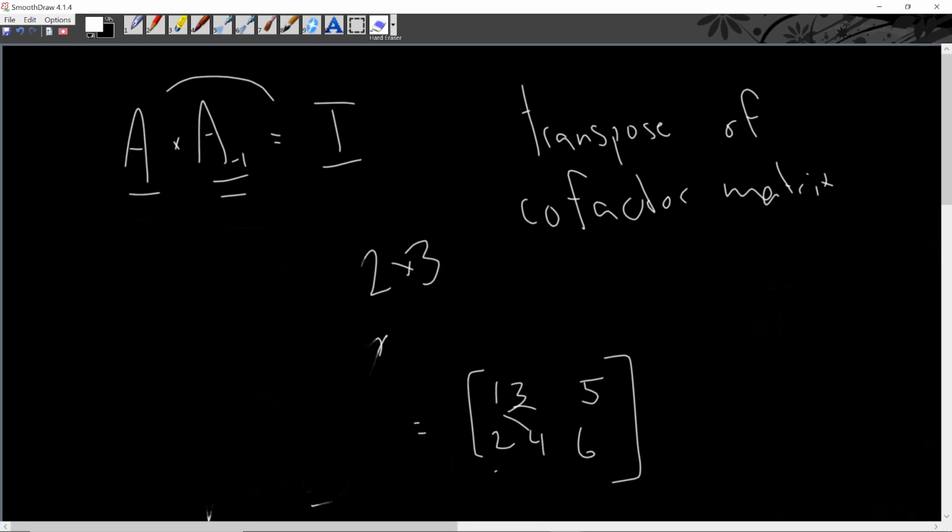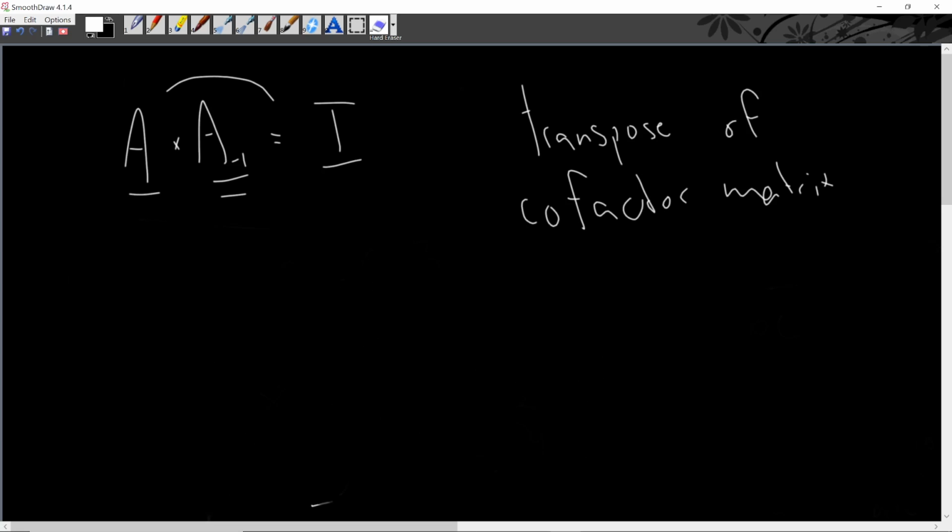I'm pretty sure there might be some really obscure examples where that doesn't work. But let's talk about the cofactor. And this is a little bit odd. Well, let's just try and define it. It's kind of hard to define a cofactor.